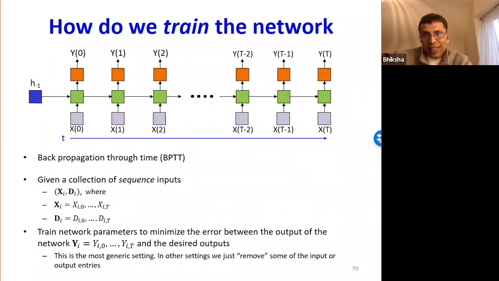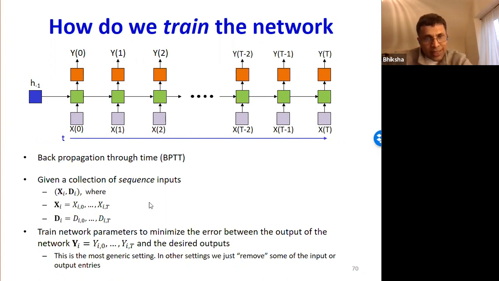Now, how do we train these networks? To train these networks, we'll employ a technique called backpropagation through time, or BPTT. So our training data will now consist of input-output pairs, where the input is not just a vector, but a time series, and the output is also a time series. So in response to the input sequence, the network will produce an output sequence, and that output sequence must be made to match this desired output sequence.